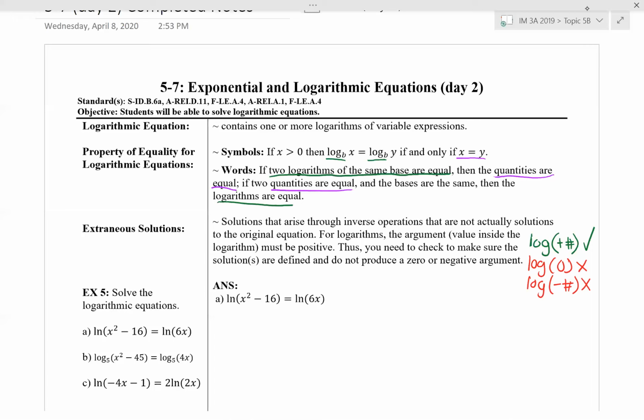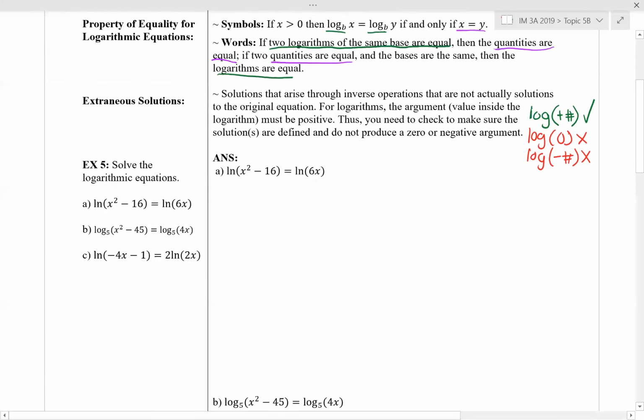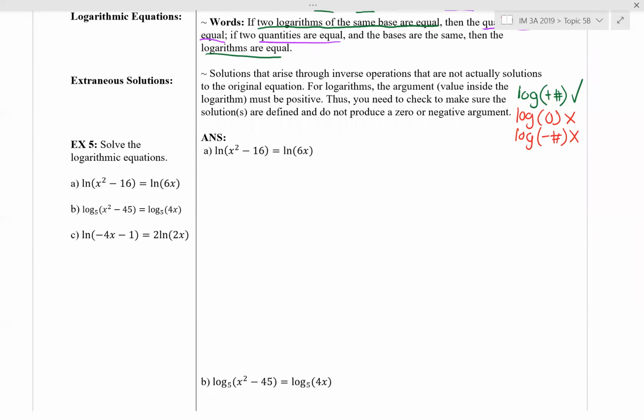So those two situations produce an extraneous solution. I am plugging the answer back into the original problem that was given and checking to see if that produces positive log equal to positive log, so that I know that it is a true solution. For this first example, we have the natural log of x squared minus 16 equals the natural log of 6x.